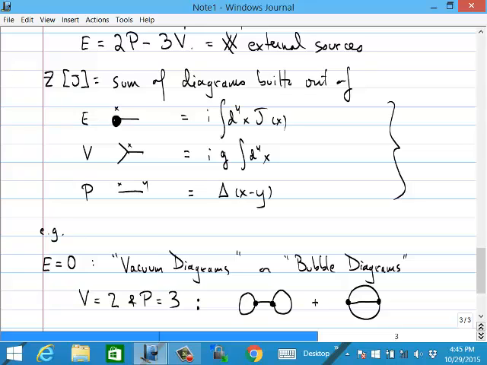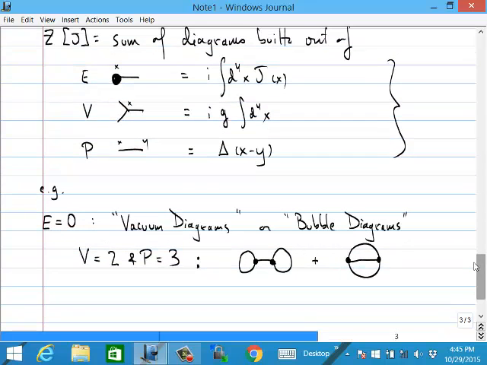So if you want to compute this partition function, the generating function at order j to the 0, so you want to compute this without any external sources, and you only want to compute it to order g squared, where g is the coupling, then these are the only 2 diagrams you need to compute. And what are these diagrams? Well, we can write down the formula associated with each diagram just by using the rules that I have developed up here.